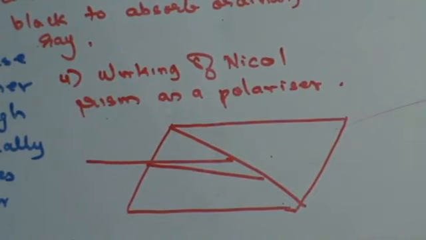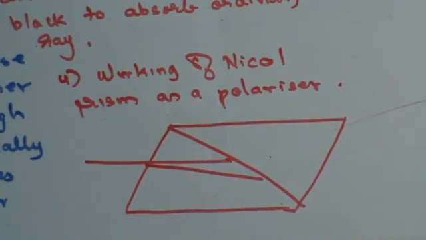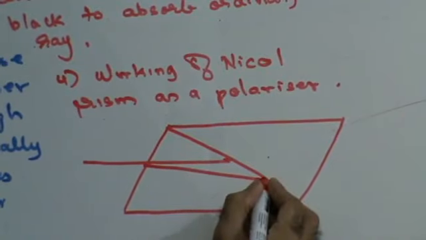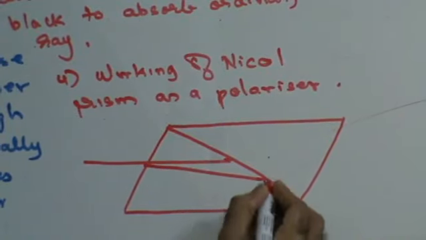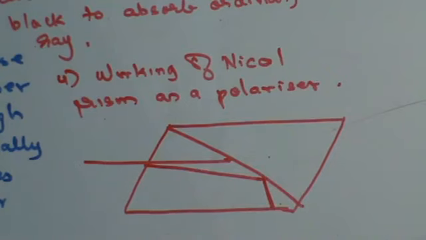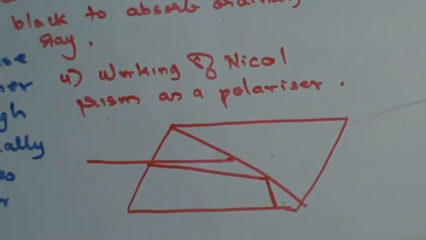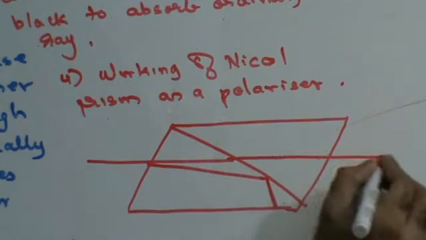Since it moves from denser medium to rarer medium at an angle greater than the critical angle, one of the rays is going to get totally internally reflected. There is going to be total internal reflection of one of the rays. As a result, it is going to get reflected. The bottom face is coated with lamp black. Lamp black will absorb the entire ray and the other ray will pass through.